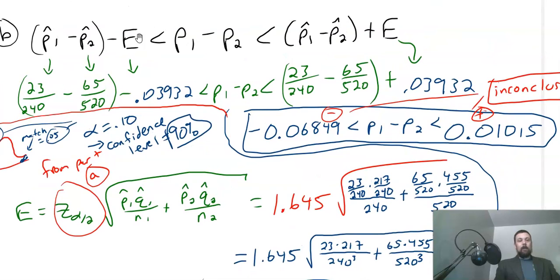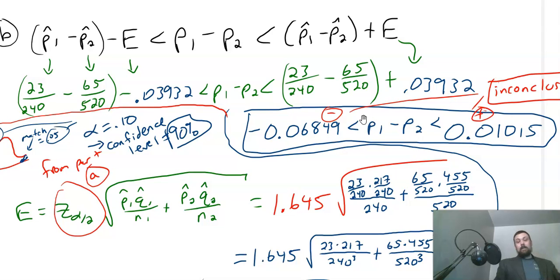And so I go back up here and plug that in for E. Plug this into my calculator. I get negative 0.06849. Plug this into my calculator and I get positive 0.01015. So again, I'm going 4 significant digits in both cases.